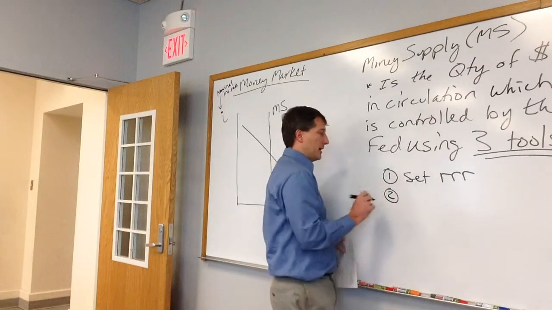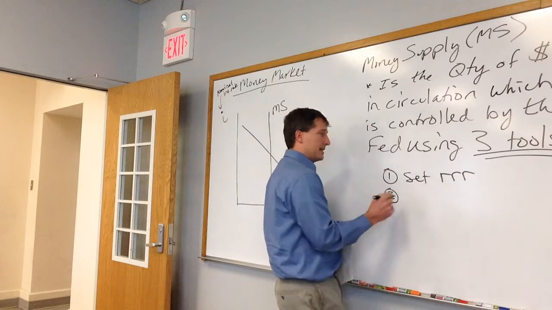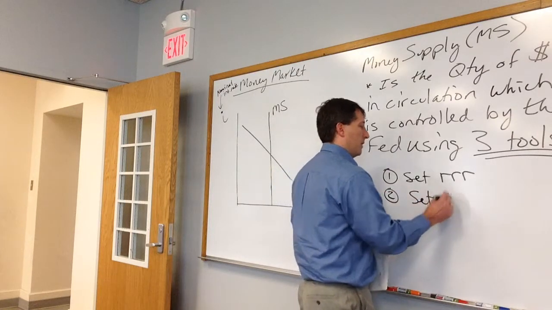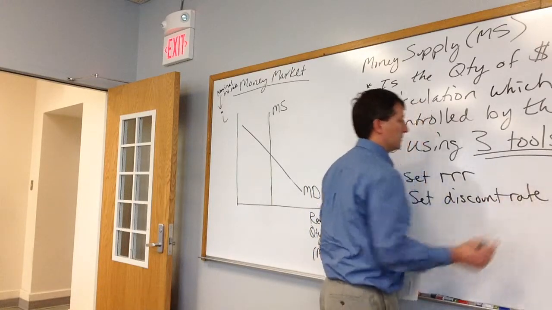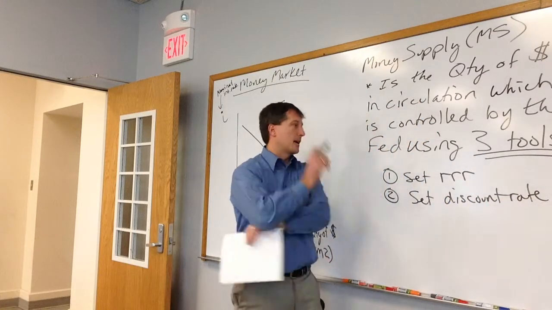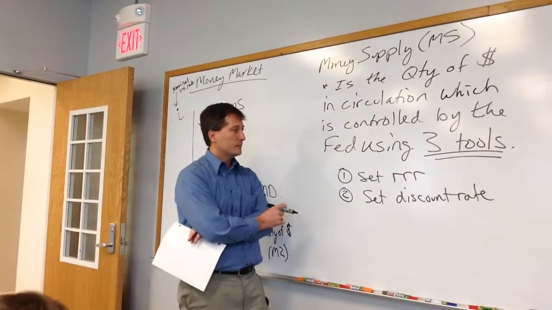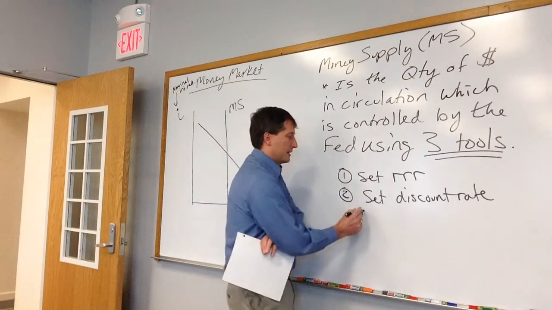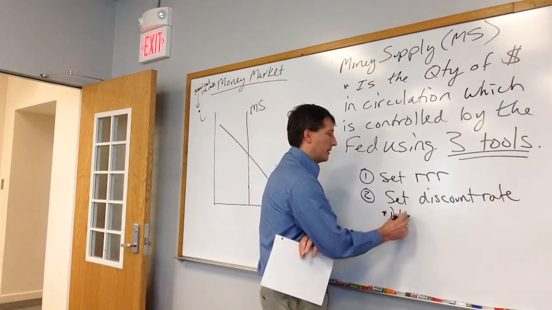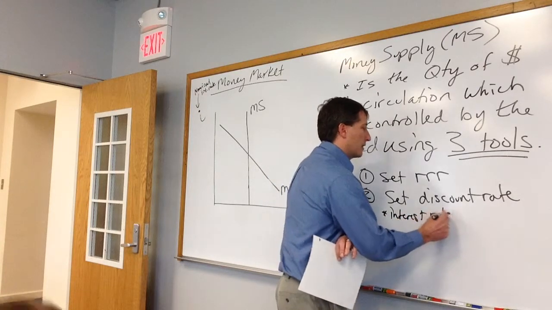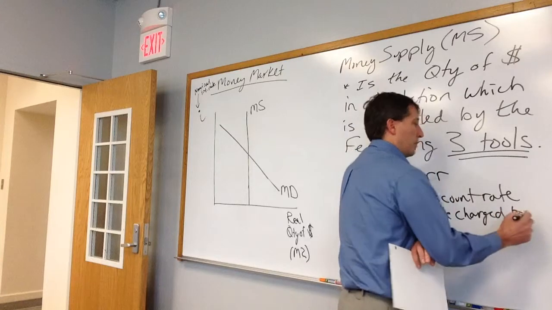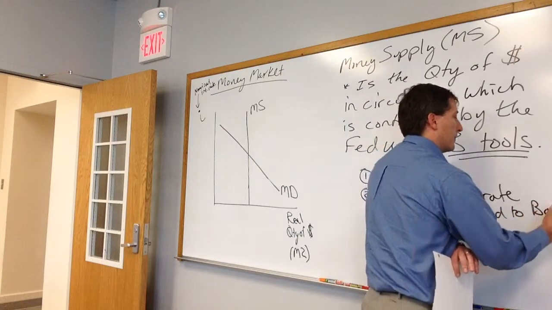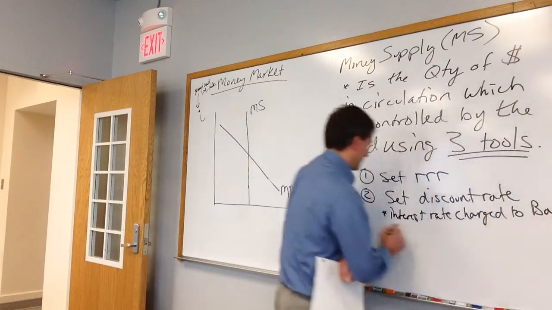Another tool we have not talked about is that they set what we call the discount rate. They set the discount rate. And this is the interest rate charged to banks for short-term loans.